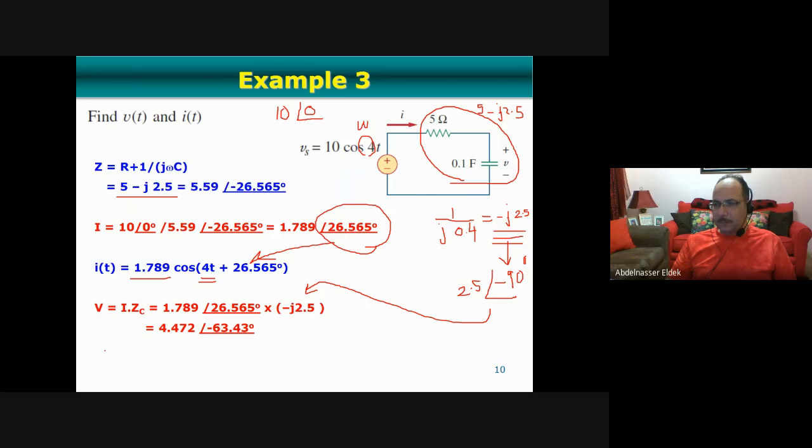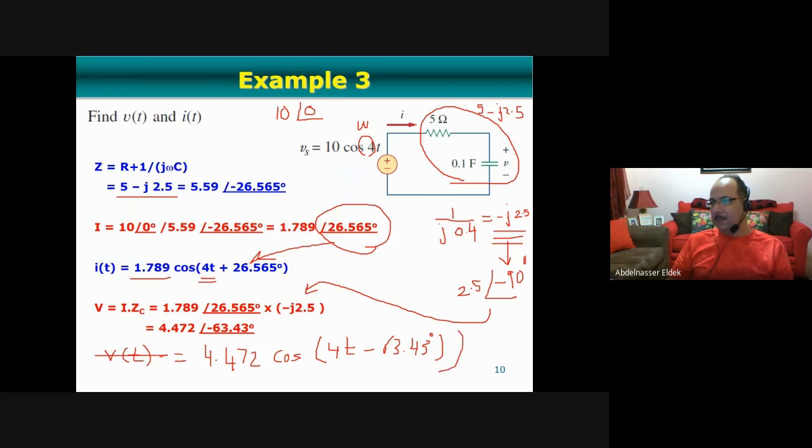So what's V of t in this case? Just convert this back to the time domain. Here's the amplitude, 4.472, and you add a cosine, and you restore the original omega t, which is 40t, plus or minus the angle here, negative 63.443 degrees.